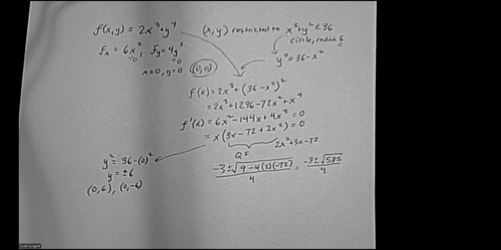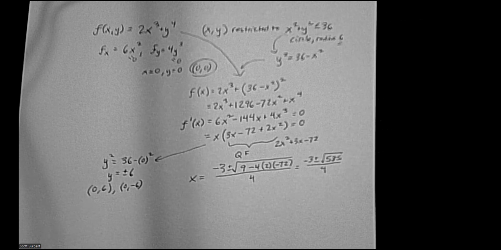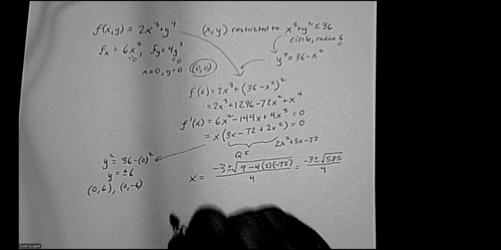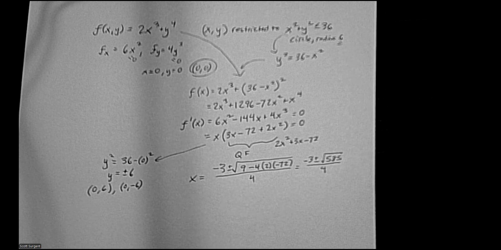Everybody catch all that? All right. Well, guess what? Those are a couple more critical points. I think what I'm going to do, because it gets a little messy here, I'm actually going to generate a couple of decimal equivalents.